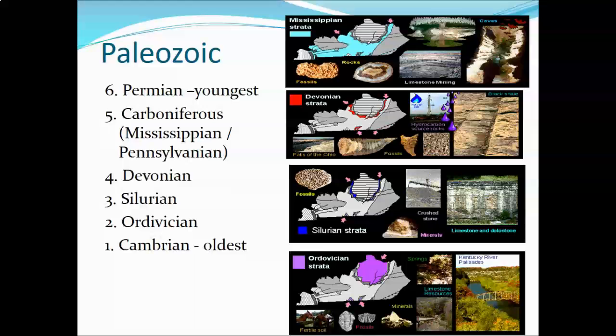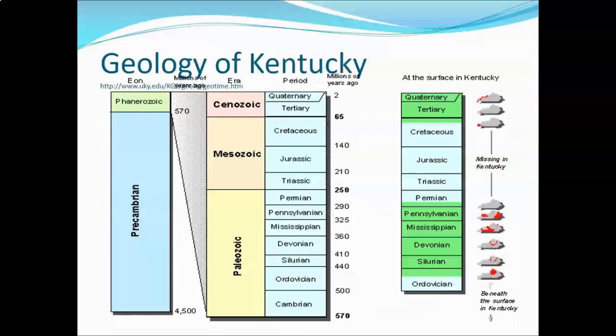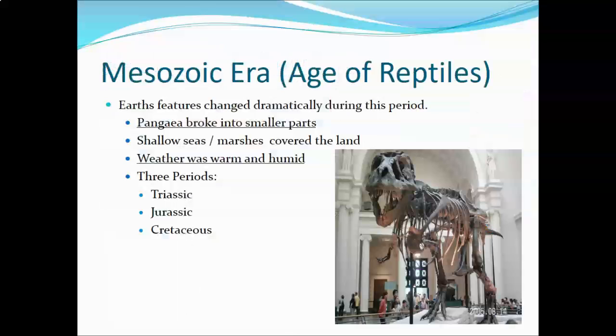So we do have small exposed areas, especially up in northern Kentucky with Big Bone of the Cenozoic era, but pretty much all of the Mesozoic era was completely wiped out. I'm going to come back to the geology of Kentucky. So the Paleozoic era is kind of like, once again, multi-creatures, lots of life in the ocean, starting to see some life on land, and then a huge extinction happens.